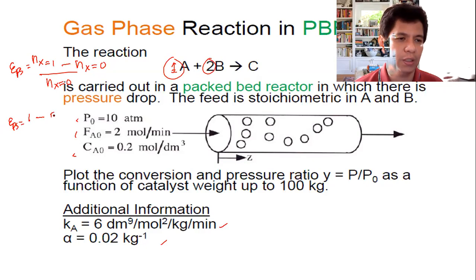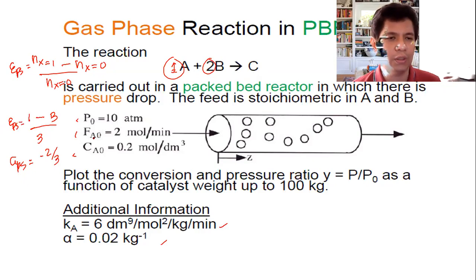So 1 minus 3, tapos divided by 3, n at X equals 0. So epsilon is equal to negative 2. So this is another concept that we're going to use in solving this problem. I guess that's the only thing that you need to calculate in this particular problem.